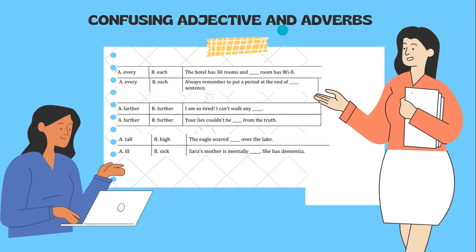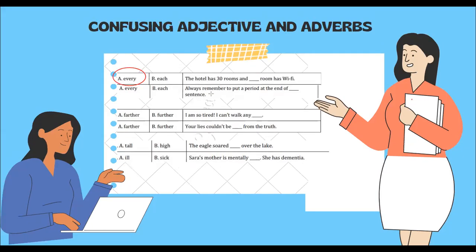Yes, we are saying every. And let's look at our other example. Always remember to put a period at the end of each sentence. And again, let's look at, I'm so tired, I can't walk any farther.